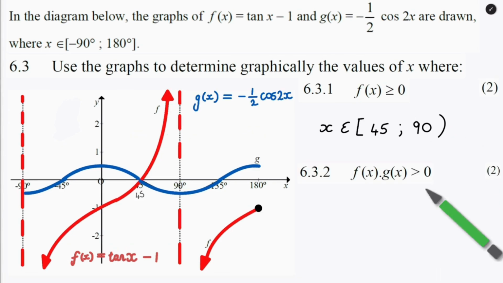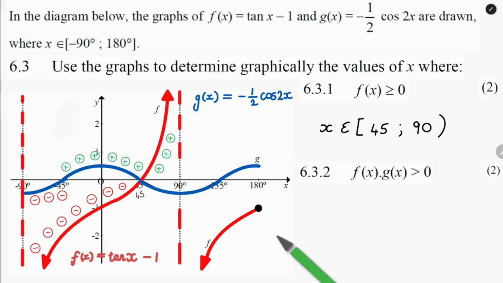Now our questions are going to get a bit more difficult throughout. So in 6.3.2, f of x times g of x must be greater than 0. f of x and g of x are y values. So we're going to be analyzing the y values of the graph. And to give you a clearer picture of that, I've illustrated it with positives and negatives here.